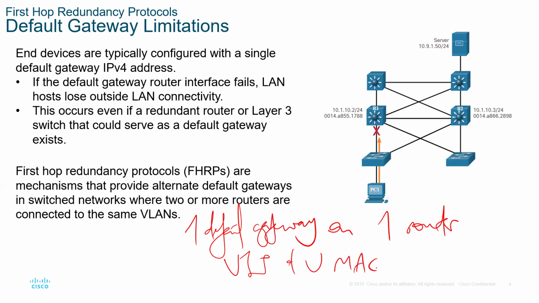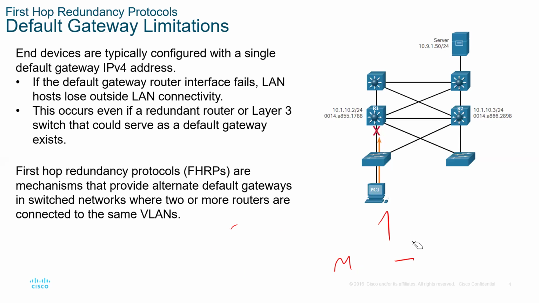A virtual IP and a virtual MAC are formed when we have a group of routers which are enabled to offer services provided by the redundancy protocols. So a group of routers, instead of one, will share a virtual IP and a virtual MAC address. And if one of the default gateways, the one which is active, fails, then another router, another interface, provided they're in the same VLAN, takes over. So basically, that is what the first hop redundancy protocols speak to.